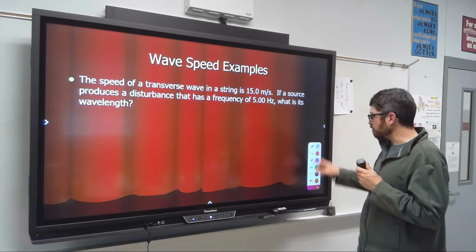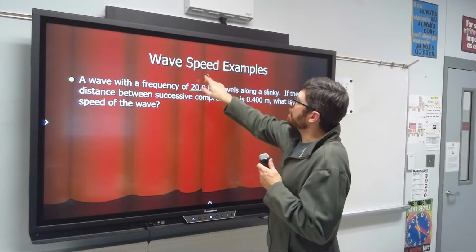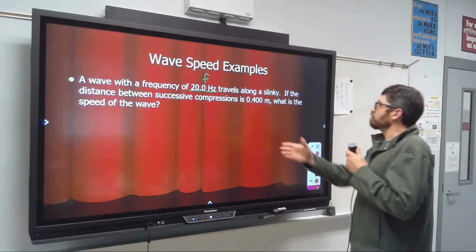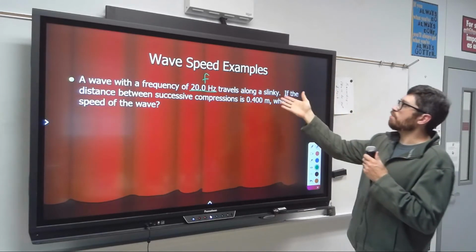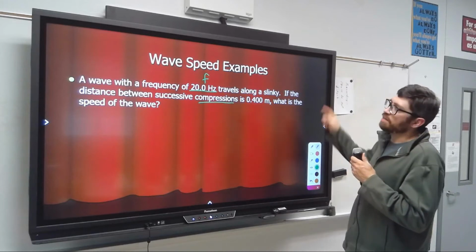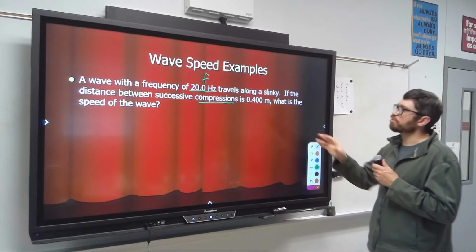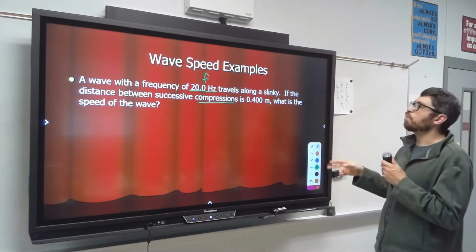Let's go ahead and look at another one. A wave with a frequency of 20 hertz, there's our f, travels along a slinky. So now we have a slinky wave, and this happens to be a compression slinky wave. If the distance between successive compressions is 0.4 meters, what is the speed of the wave?